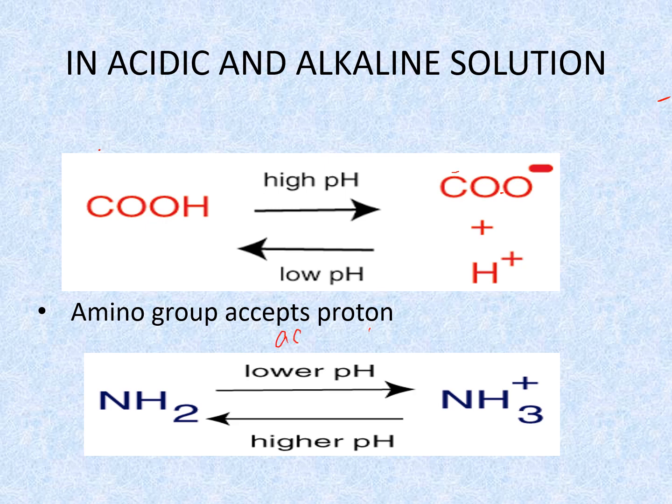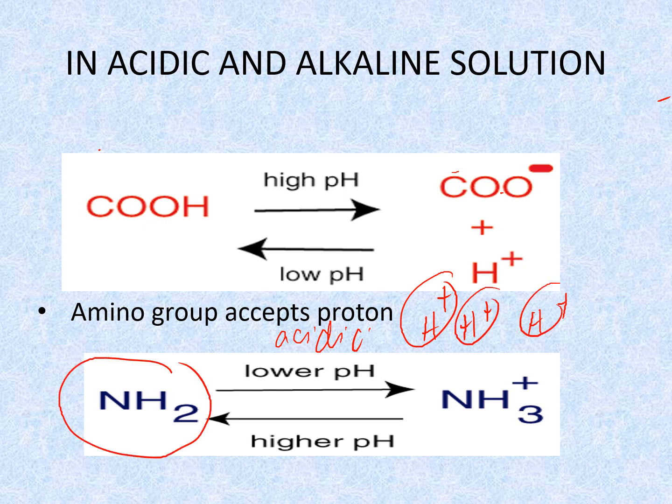Now again, in an acidic environment, we expect that there are a lot of protons in there. So the normal response of the body is to lessen the protons, right? The amino group of your amino acid will be able to react with the protons that are in the blood, now forming your NH3+.